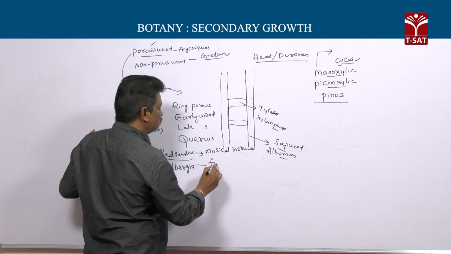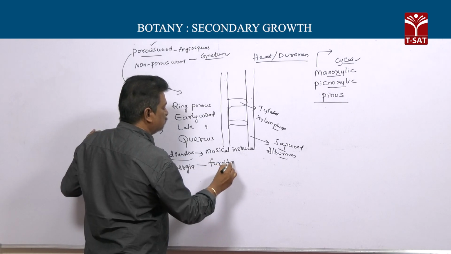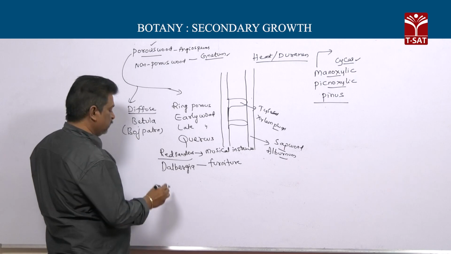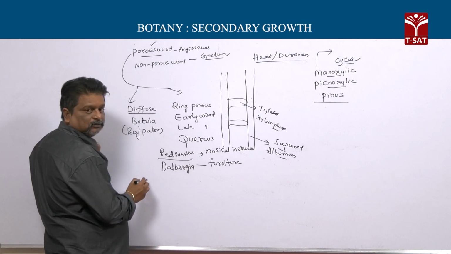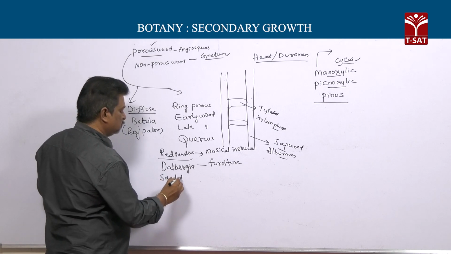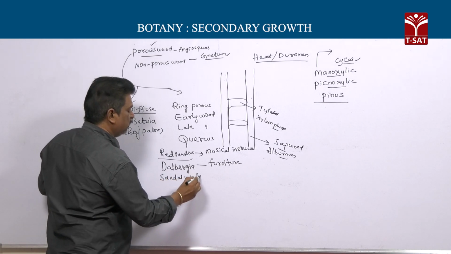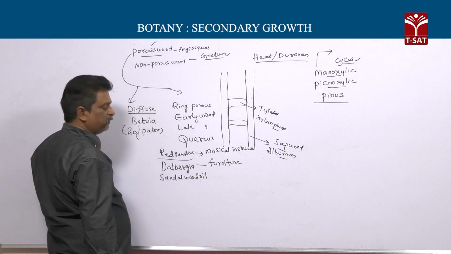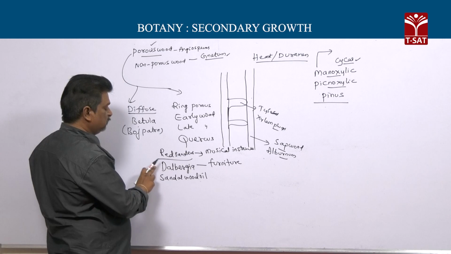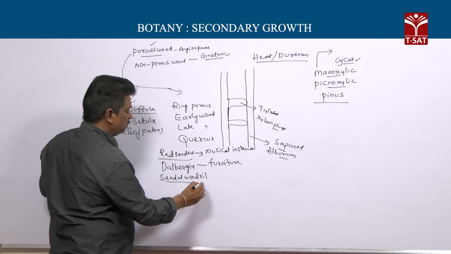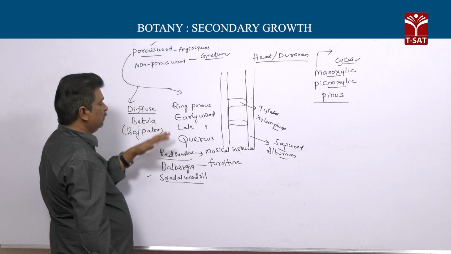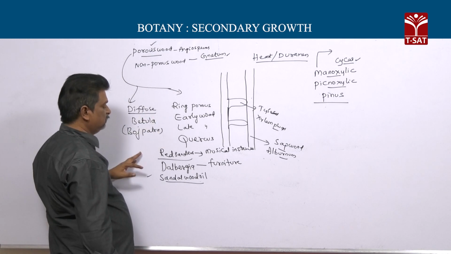In rosewood, the wood is used to make furniture. Then the essential oil, sandalwood oil, is obtained from the heartwood of sandalwood. These are some of the importance of wood.